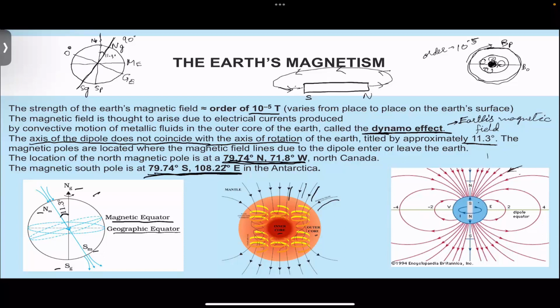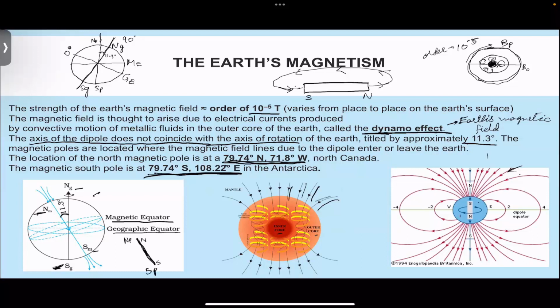So this nomenclature of North Pole and South Pole is because when you freely suspend a magnetic needle, the north of the needle falls at the north magnetic pole, and the south of the needle points towards the south.